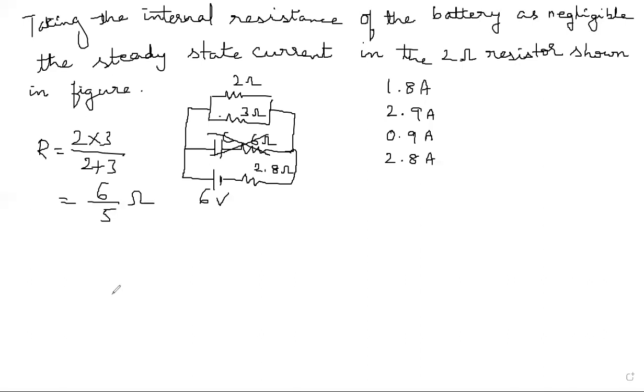Now current I is equal to E divided by R. Current drawn by the battery we are going to consider.